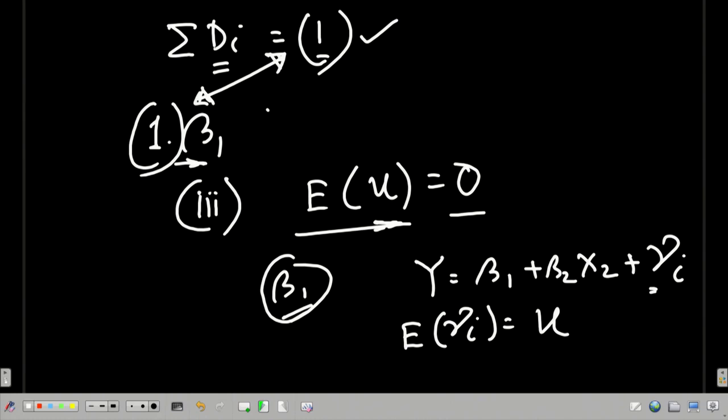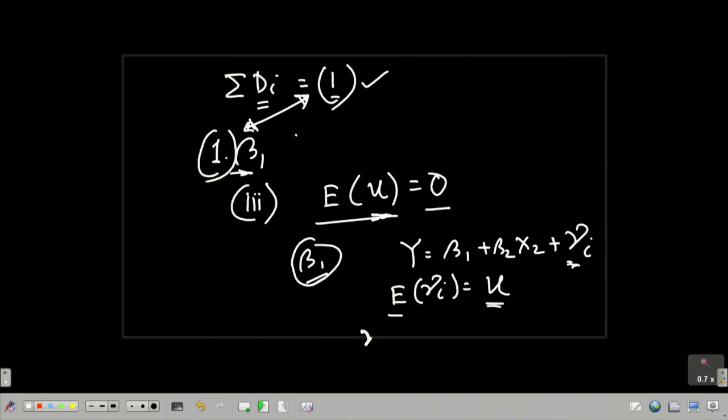Since gamma I has some trend, the moment you take expectation, it is not going to give you 0, you are going to get a value of u. So you can represent gamma I as some u plus ui: the trend, along with the random error term for which this condition is satisfied.